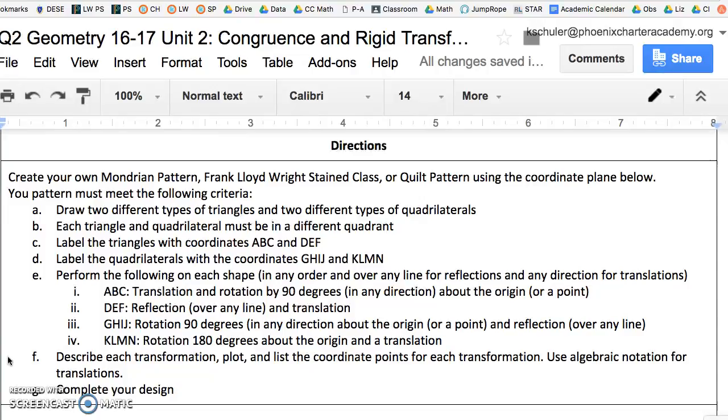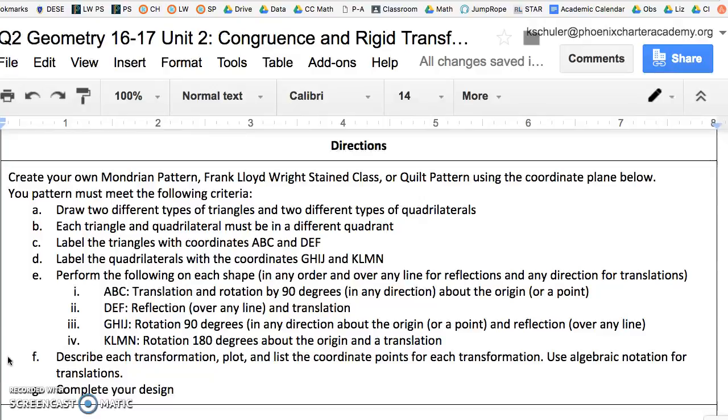However, you have complete choice in whether you do your rotation first or your translation. You also get to decide how you want to translate it in terms of number of units left to right or up and down, as well as your rotation, in which direction or around a point or an origin. So you could rotate it around the origin, you could also rotate it around a vertex.